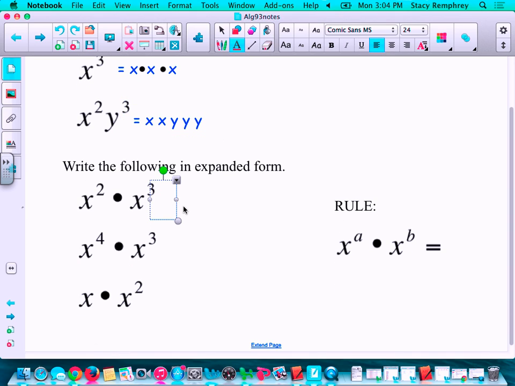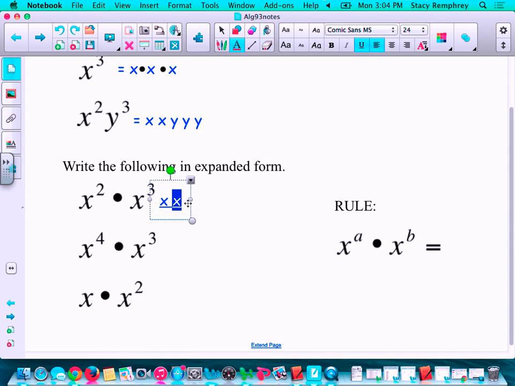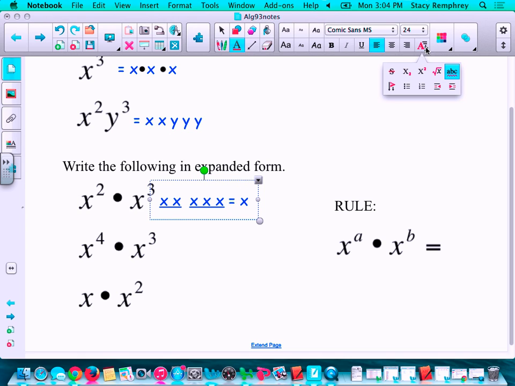Over here, we expanded. So x squared is x times x. Then I have x cubed. Well, when those all are multiplied together, because remember there's multiplication symbols, I have 1, 2, 3, 4, 5, or x to the 5th power.